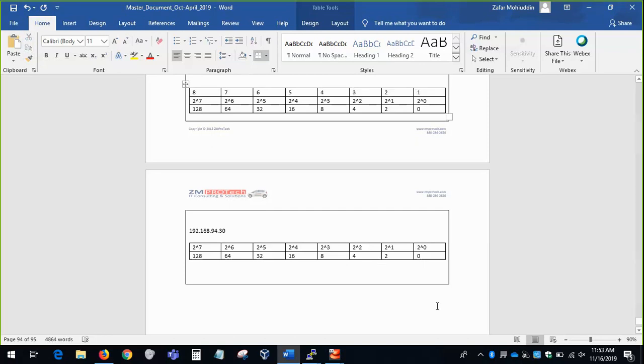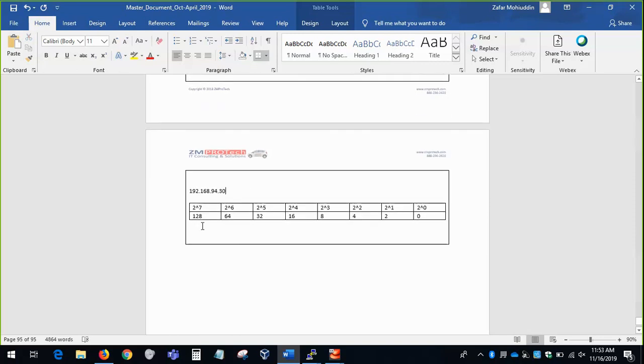So we're worried about 8 octaves. Now we have to decode this here. We're going to decode one number at a time.